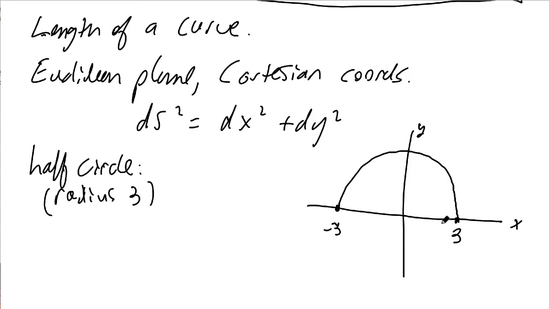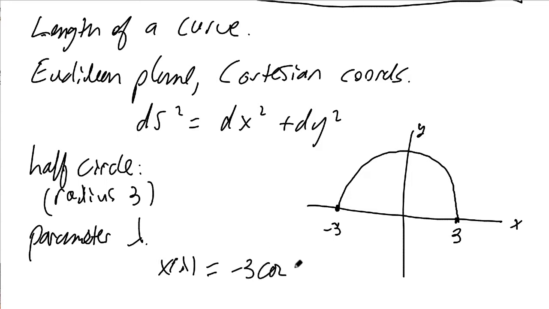All right, first of all, how do we describe this curve, this half circle? Well, one way is to parameterize it. Let's introduce a parameter lambda, and then we can write this curve as x as a function of lambda is equal to minus 3 times cosine of lambda, and y as a function of lambda is 3 times sine of lambda.